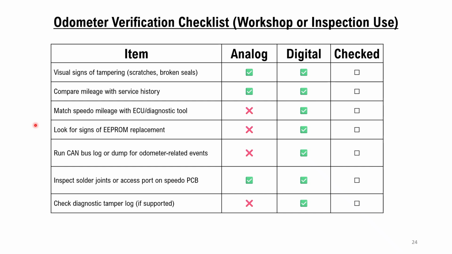Look for signs of EEPROM replacement. Run a CAN log or dump for odometer-related events. Inspect solder joints or access ports on the speedo PCB. Check the diagnostic tamper log if supported. Apply this to both analog and digital speedometers, record the result and check it accordingly.